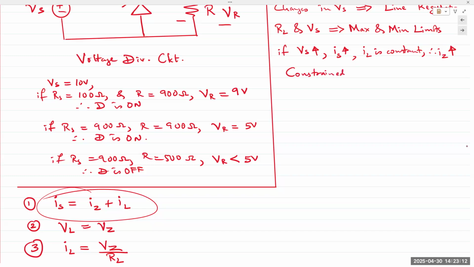So IZ value is constrained by PZ max. Hence, remember the two important parameters in the spec sheet: VZ, the Zener voltage, and PZ, the power rating. So Vs is constrained by PZ max.